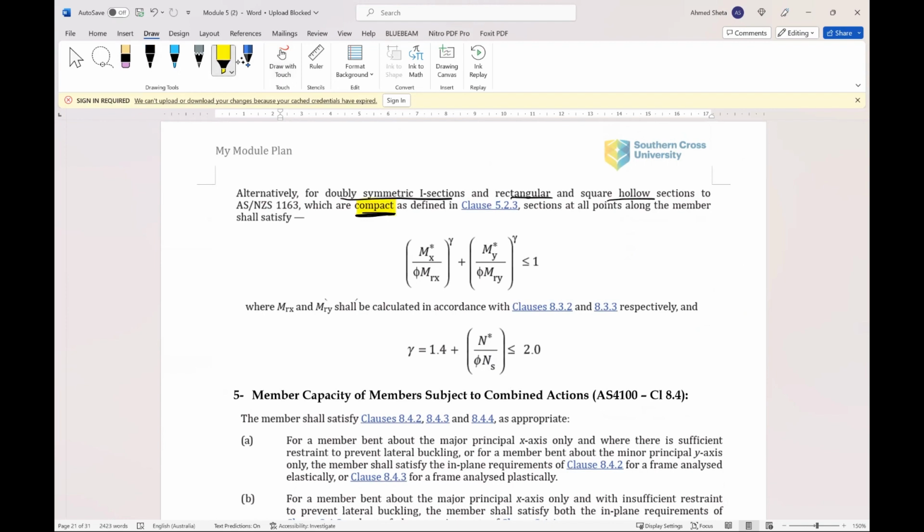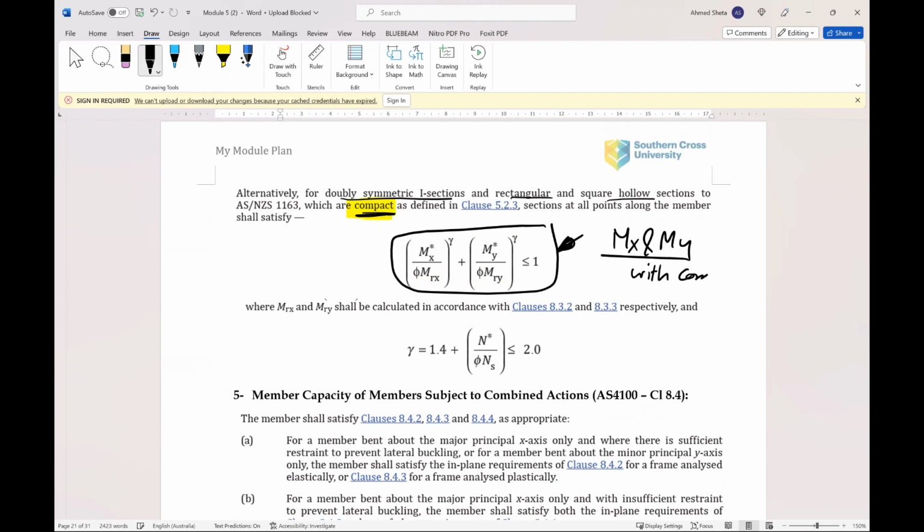So for compact sections, the biaxial value, where Mx and My with compact section: Mx star over phi Mrx to the power gamma, plus My star over phi Mry to the power gamma, should be less than 1.